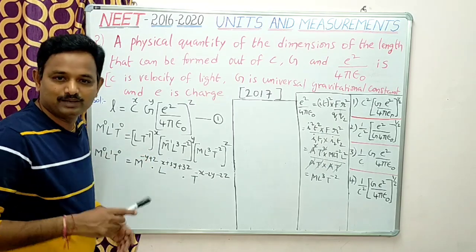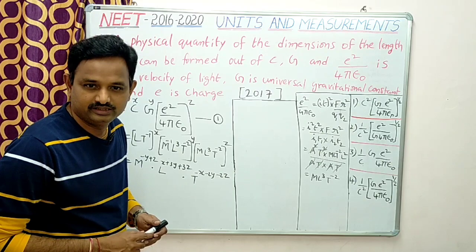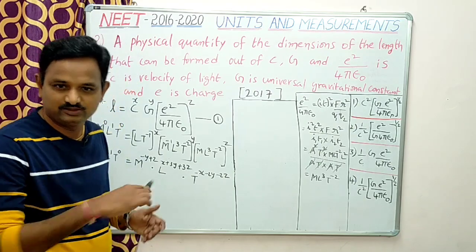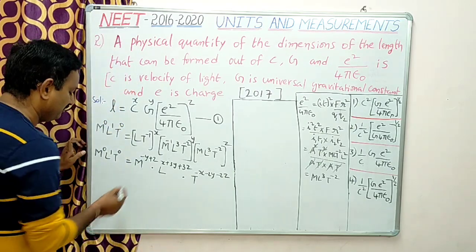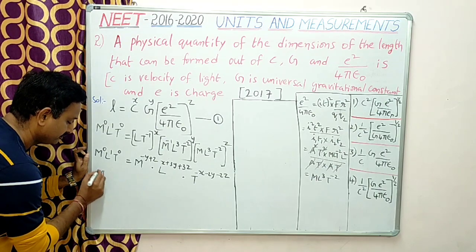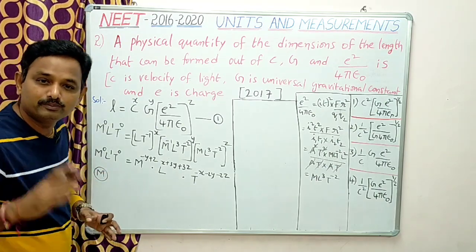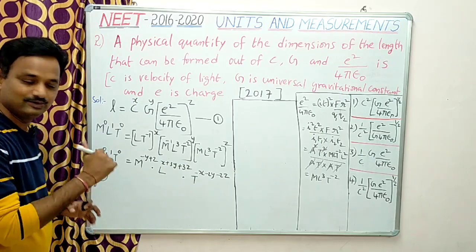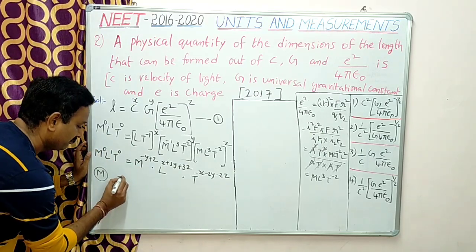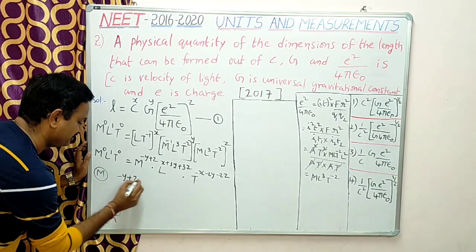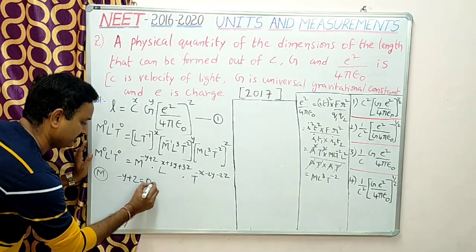Now I will apply principle of homogeneity for both LHS and RHS. First I will take for M, I will equate the powers of M in both LHS and RHS. That is minus y plus z is equal to 0.